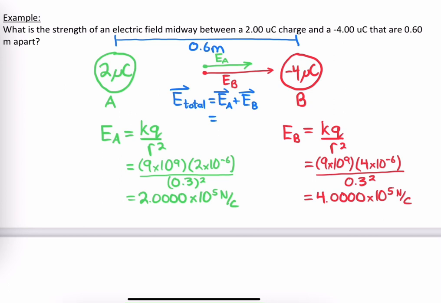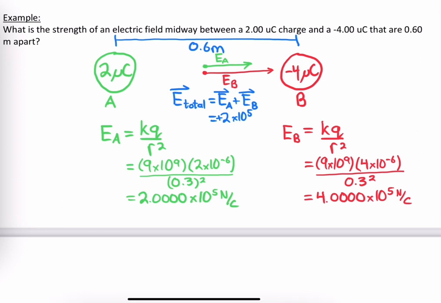When I put in the electric field from A, I'm going to put it as 2 times 10 to the 5, but it is going to the right, so I'm going to put that in very intentionally as a positive 2.